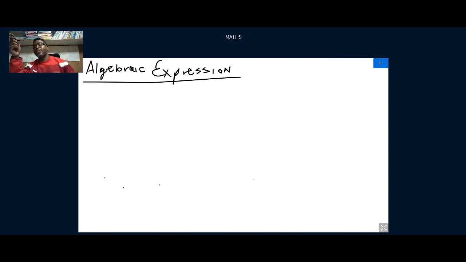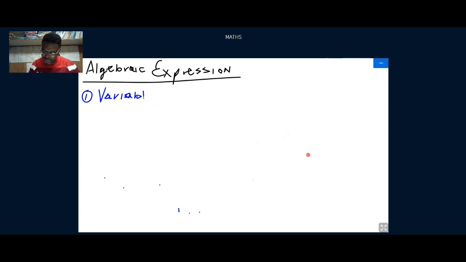In algebraic expressions, I'm sure we're using 3 things, right? 1, a variable. It's not writing well.